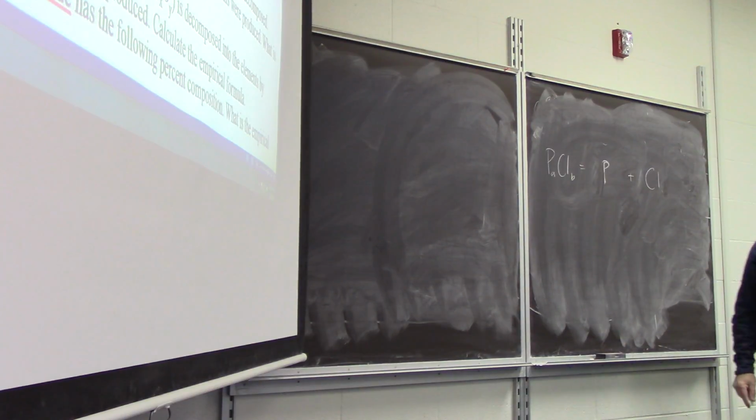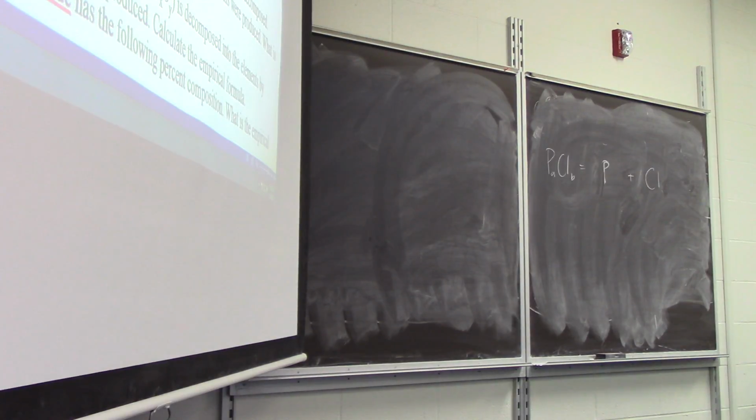So A and B are unknowns, and we're not really worried about those. It decomposes into phosphorus and chlorine, and we don't really have to worry about their chemical formulas.